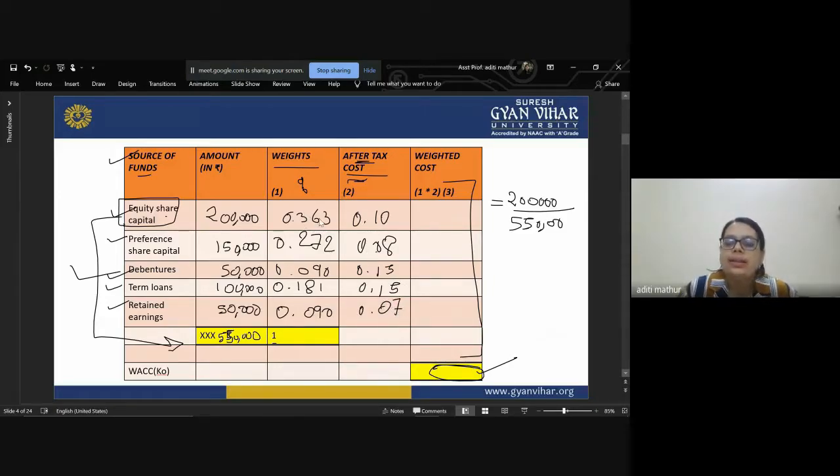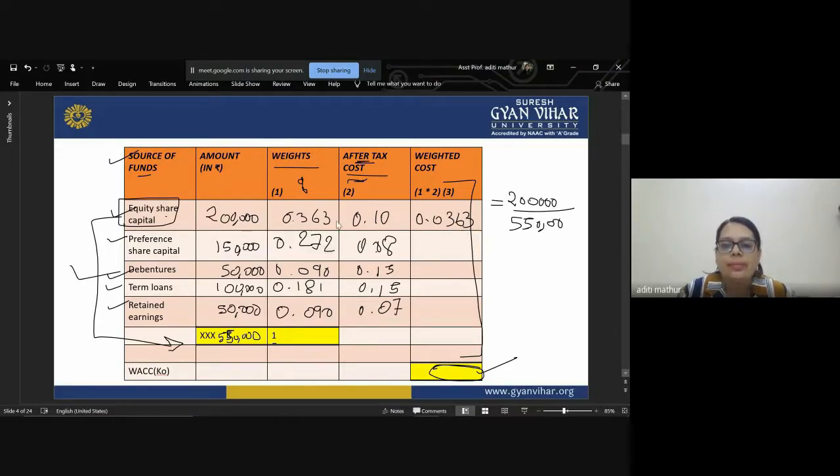Right? So now let us just multiply each of them. That is 0.363 into 0.10, which is equal to 0.0363.